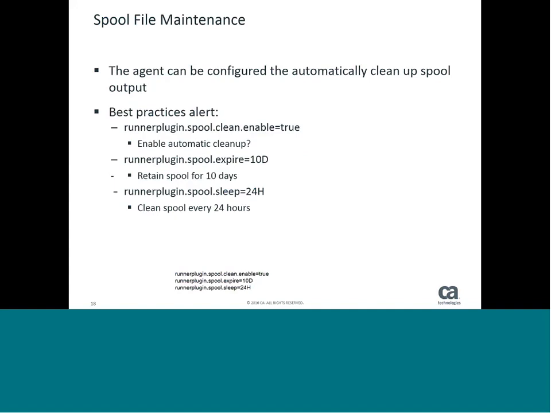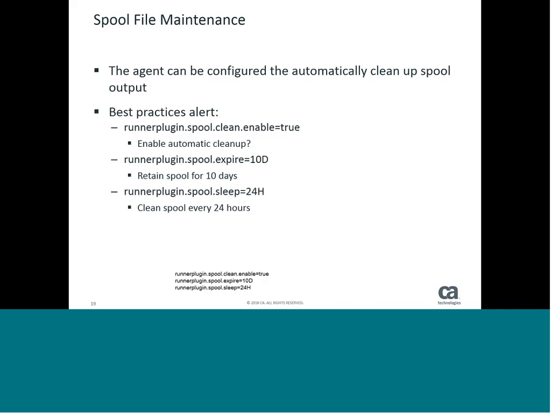Now, as with log files, you can also manage the retention of the spool information. And there is a best practice. We do definitely recommend that you automatically clean the spool information, and the spool file cleanup retention is as you see here.